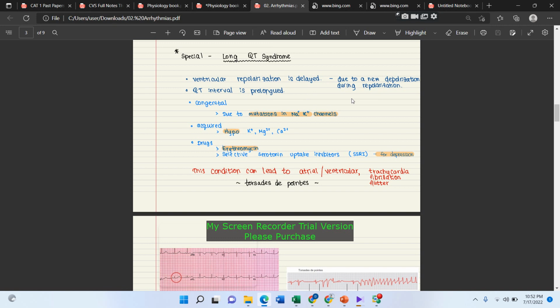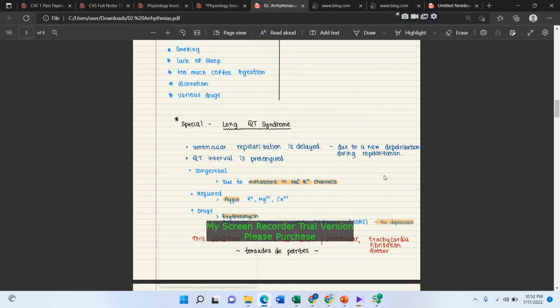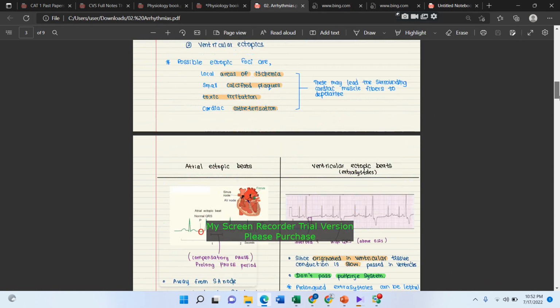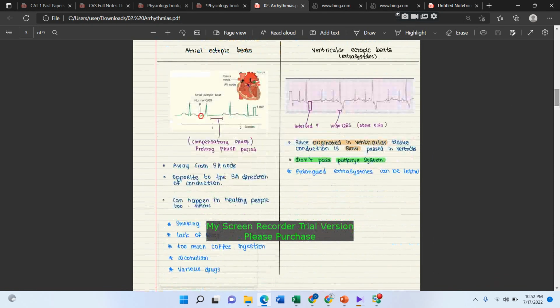Usually after Q, what should happen is ventricular repolarization, but it doesn't happen quickly.